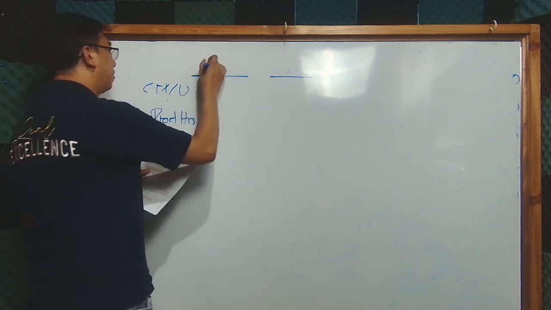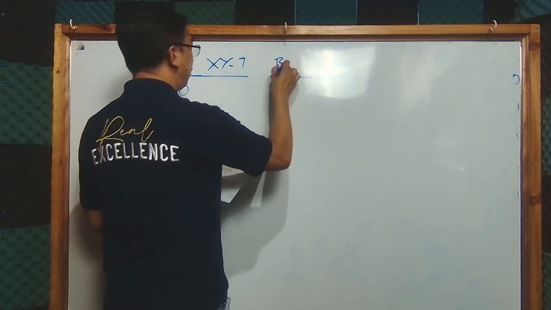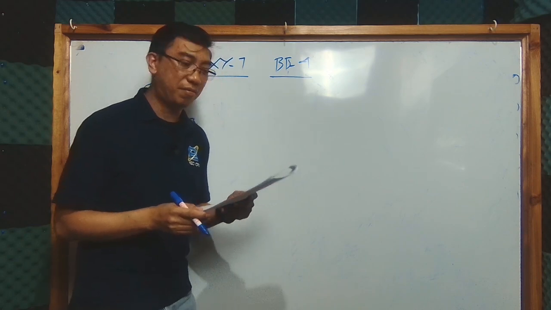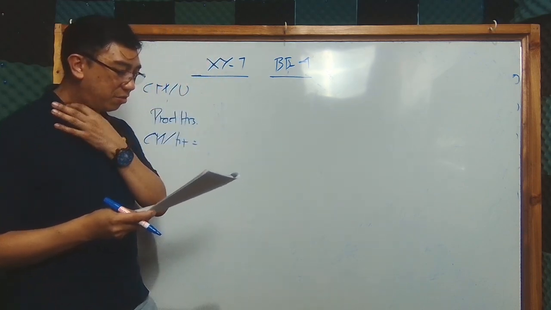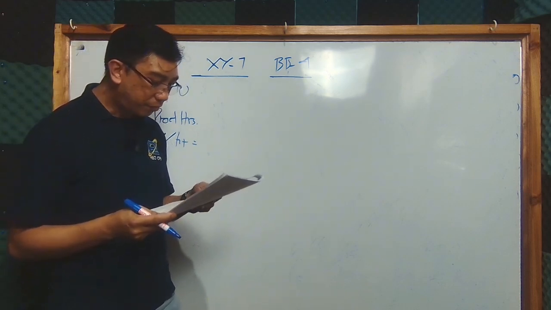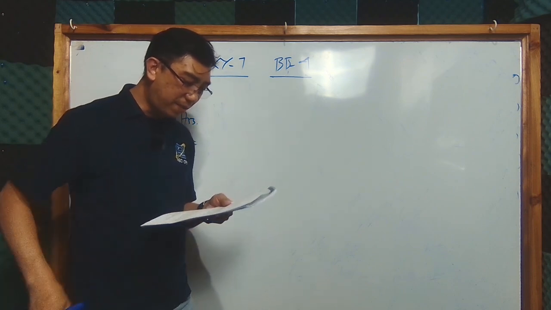XY7 at saka BD4. Maganda nga, iba-ibang situation yung nakikita mo, di ba? Na-expose ka sa iba-ibang situations. So, class, kunin natin muna yung contribution margin niya. So, Moorhead. Tama.